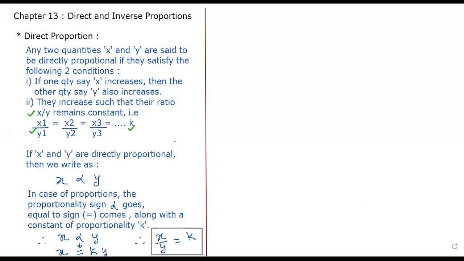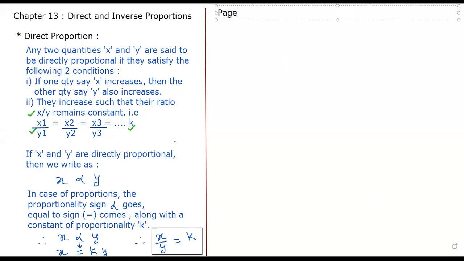Now, all of you, page number 204, example 1. Now, we will discuss. I will explain how it is to be written. Don't worry.